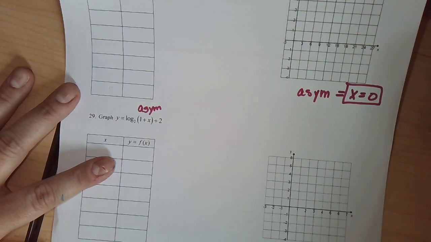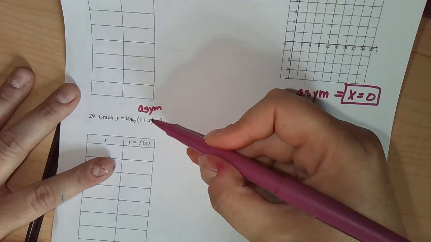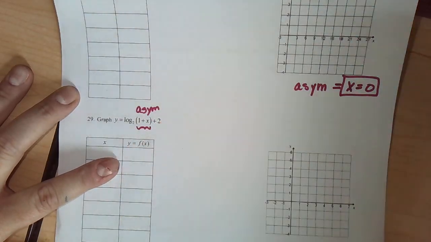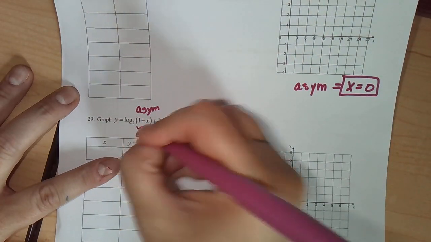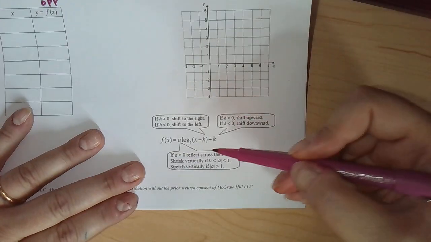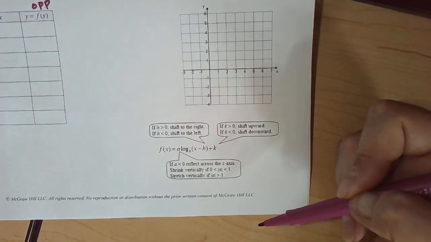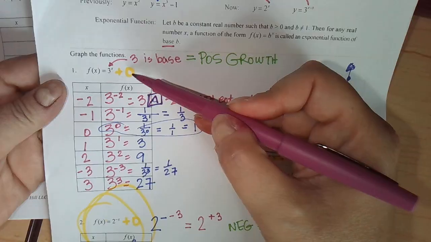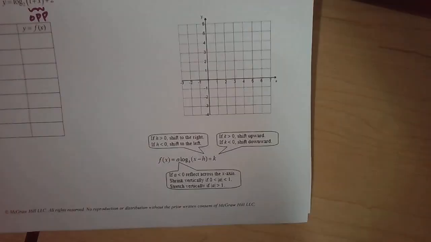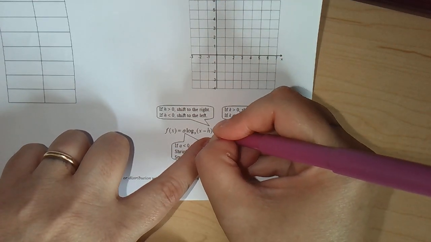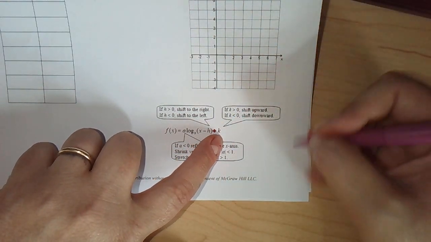And unfortunately, the way these asymptotes work, when they're inside here, it's opposite of what you think. So if we look down here at the transformations, earlier when we were talking about exponentials, we saw that if you have a big fat number added out to the side, it moves us up or down, as in this k right here. If I have a number added out to the side, it moves us up or down.